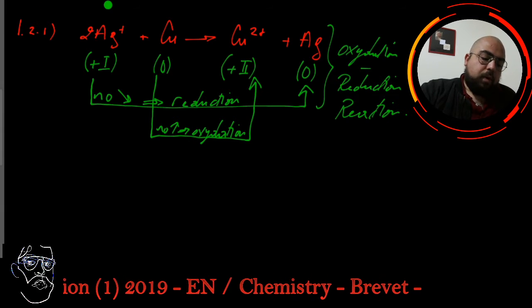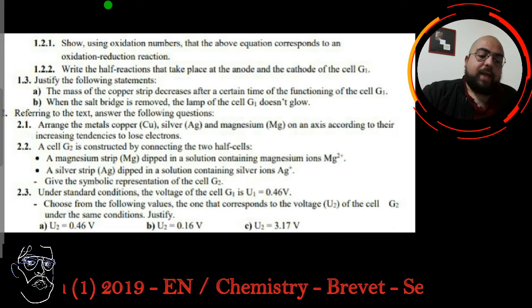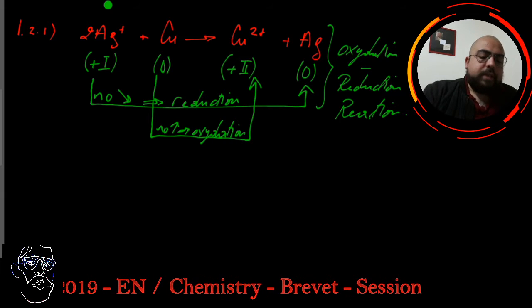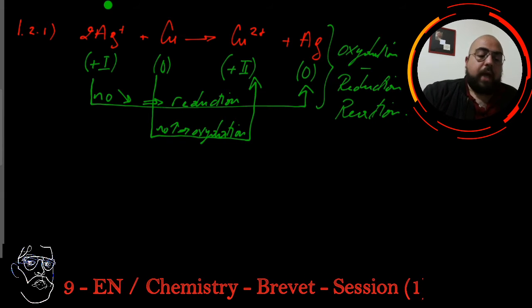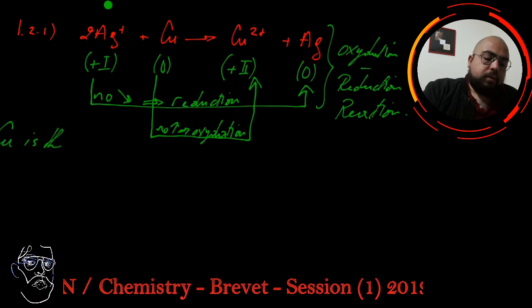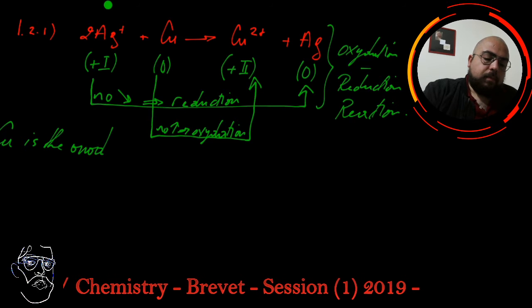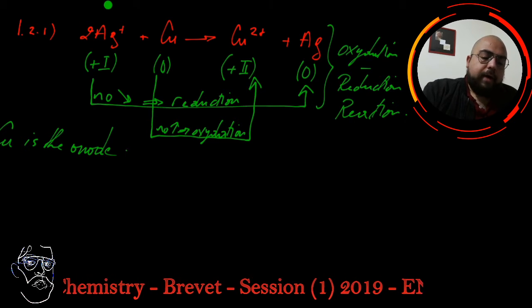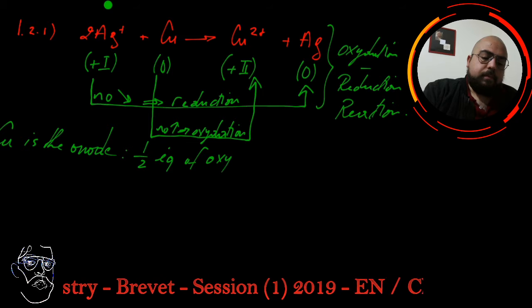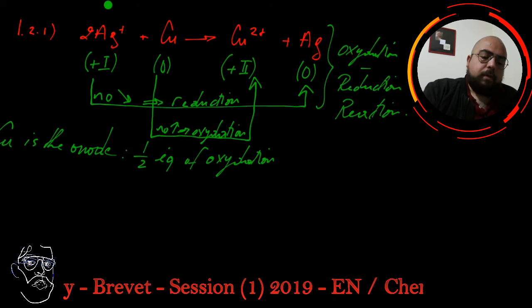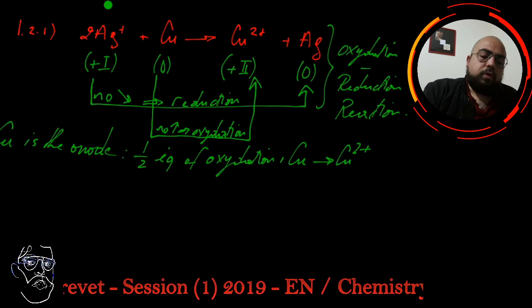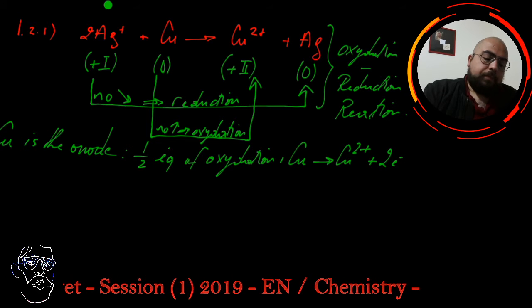All right, now write the half reactions that take place at the anode and the cathode of the cell G1. Of course, it's simple to identify which is the cathode and which is the anode. Cu is the anode. The half equation of oxidation will be Cu is being transformed to Cu2+ by losing 2 electrons.